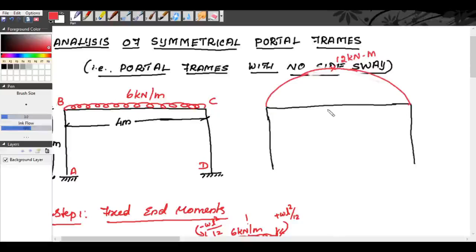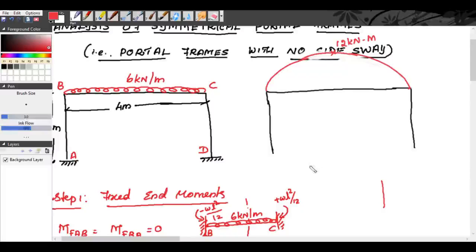We know the final end moments for AB is plus 3.20, that is clockwise.